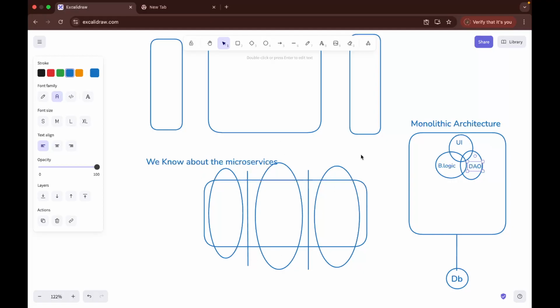So here microservices are defined: one project is divided into separate services and separate components.